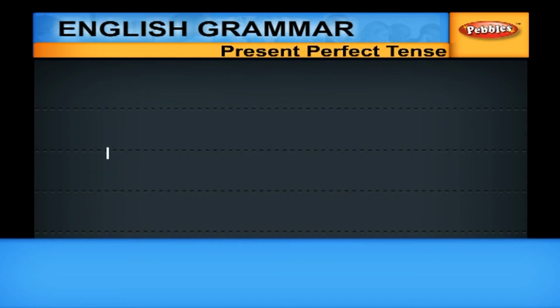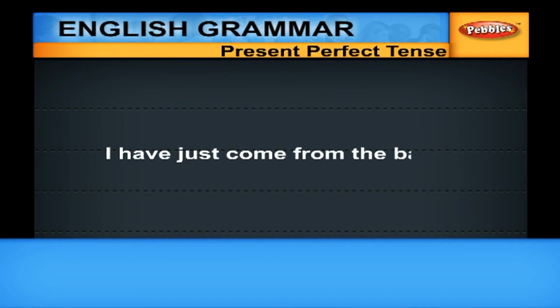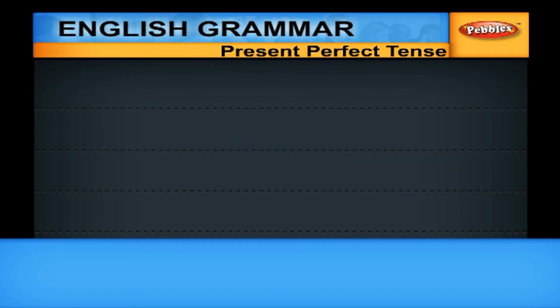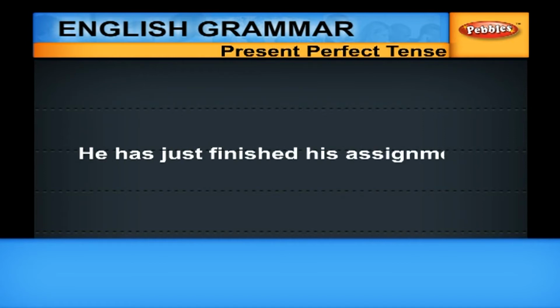We use present perfect to refer to an action just completed. I have just come from the bank. Come is the VEN form or past participle of verb come. He has just finished his assignment. Finished is the VEN form of finish.